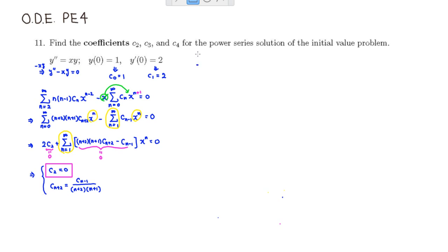Then C3 is equal to C0 over, with n equals 1, 3 times 2.